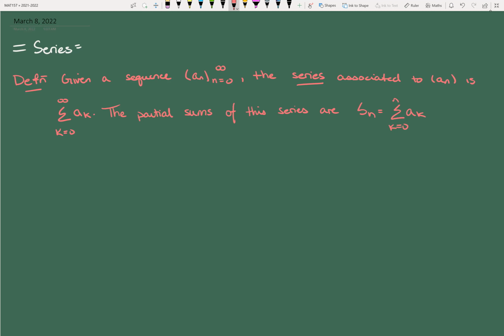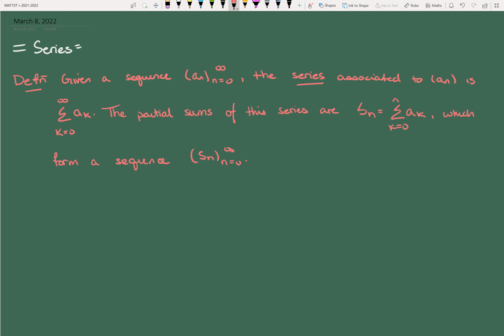That's actually just a finite sum, so we can just add those things up. So the partial sums of the series are the S_n's, which form a sequence. If you're given a sequence a_n, there's a corresponding sequence S_n, where you just add up all the first n terms of your sequence.